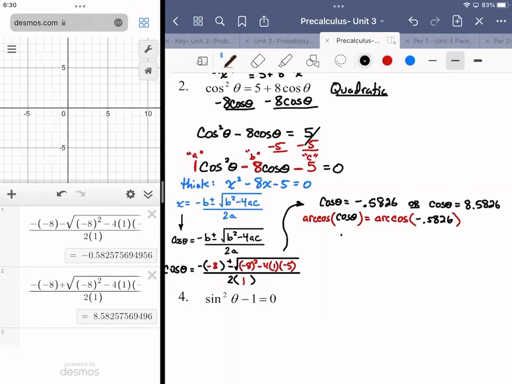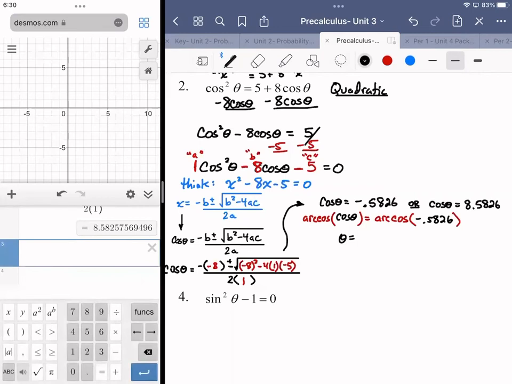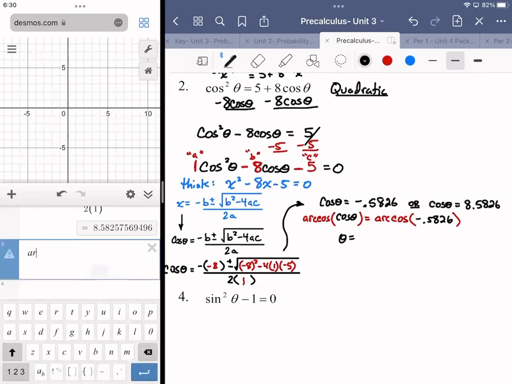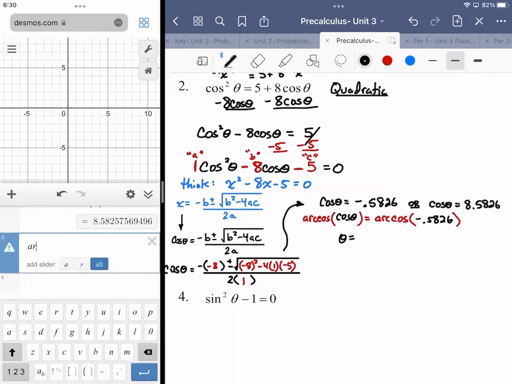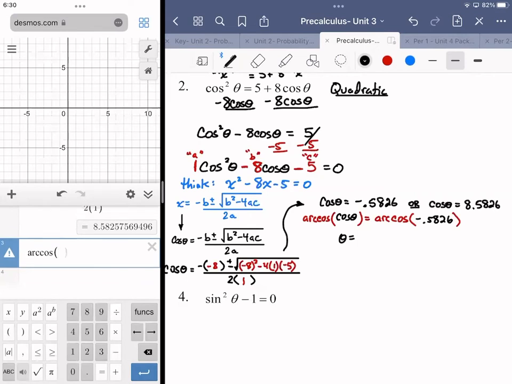All right, so we get theta is equal to, and then we would just have to find the arc cosine of that number. So then you could type in arc cosine. All right, Desmos recognizes that, and then type in the decimal.